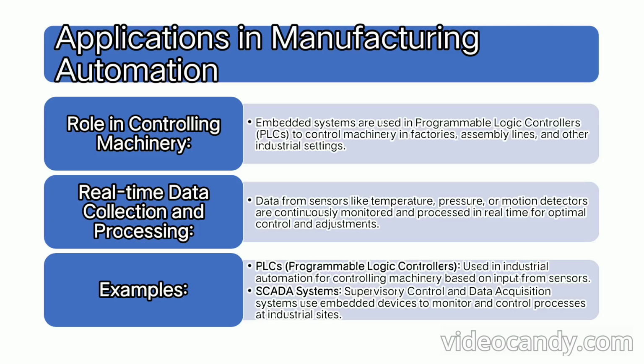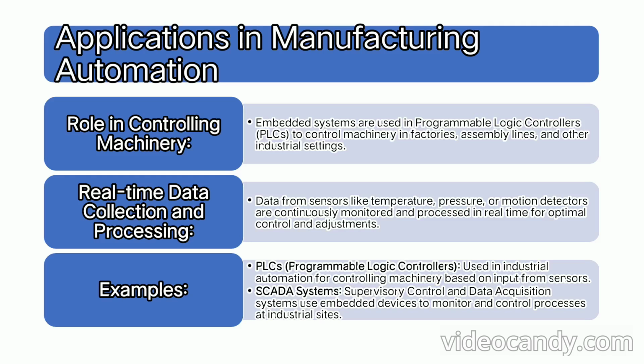Applications in manufacturing automation, role in controlling the machinery. Embedded systems are used in programmable logic controllers, PLC, to control the machinery in factories, assembly lines, and other industrial settings. Real-time data collection and processing.